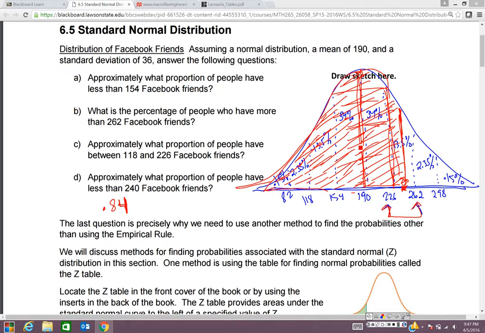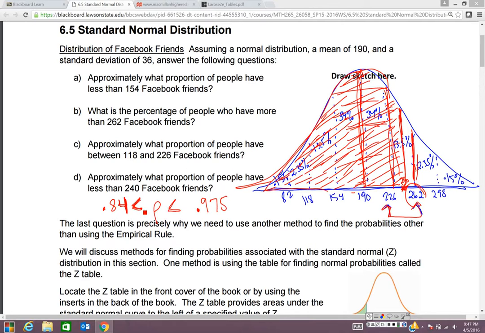So it could be between 84 and also 262. If it was less than 262, I know that if I add 13.5 to that, that would be 0.975. So I know that the proportion has to be between these two numbers. So I'm going to write it like this, P for proportion.